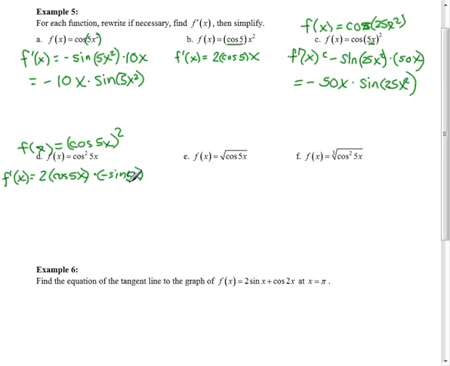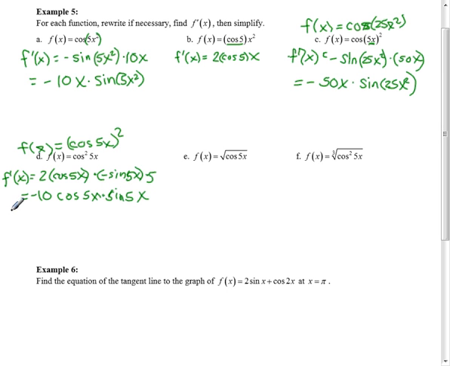We had an inside function there, so we also have to multiply it by the derivative of the inside of that, so that would be 5. So in this case, if we were going to rewrite it and simplify, we get negative 10 cosine 5x times sine of 5x.